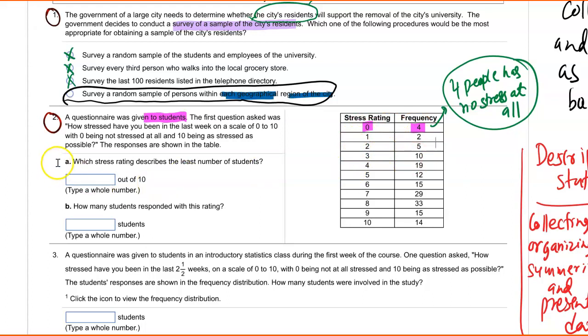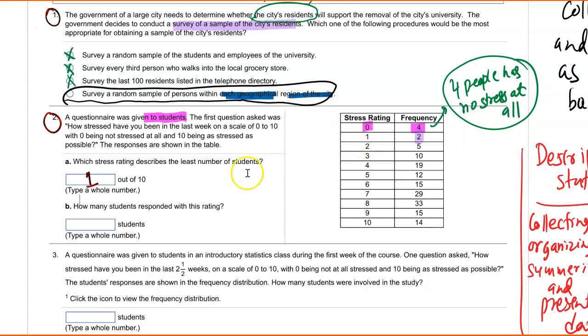Okay, first question, which stress rating describes the least number of students? Remember that the least number of students is 2 here. Therefore, which stress rating? 1. The answer is 1.